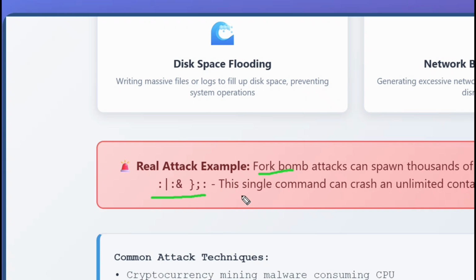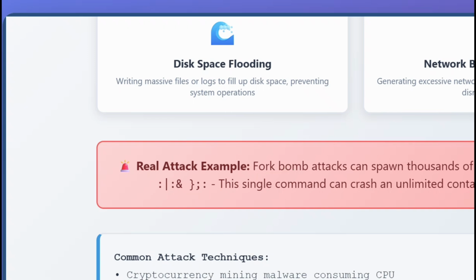Let's say if your container has no process limits and an attacker runs this particular command, this can crash the host system very instantly, within a second. That is how real attacks happen. So to prevent those in future, we need to make sure to implement resource limits.